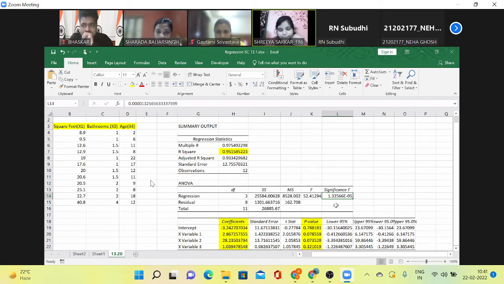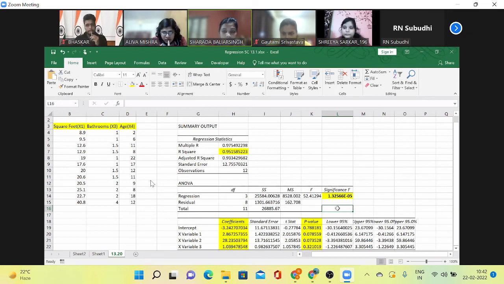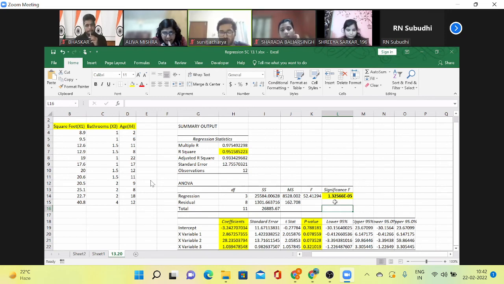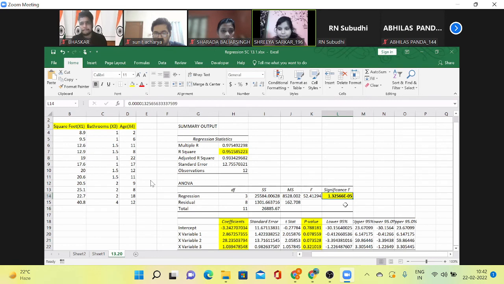Make it bold and highlight. So it is 10 to the power minus 5. How many zeros? So 0.0001. Very good. Shreya, are you getting what others are telling? So what will be the interpretation? Is it significant or not? Yes, it is significant.